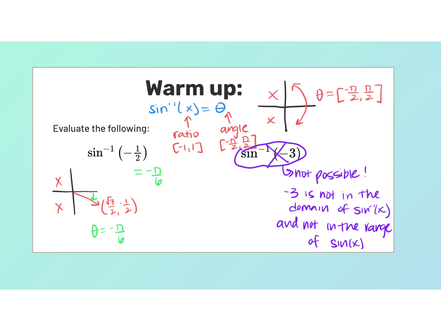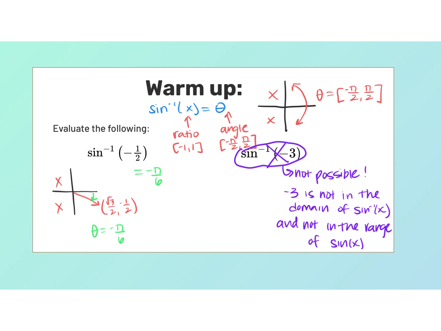For the first one, inverse sine of -1/2, we can find an angle whose sine ratio is -1/2. We have to remember that we restricted the possible angles in order to make this function invertible. So for the inverse sine equation, we're only looking at angles between -π/2 and +π/2. So we are restricted to quadrants 1 and 4.